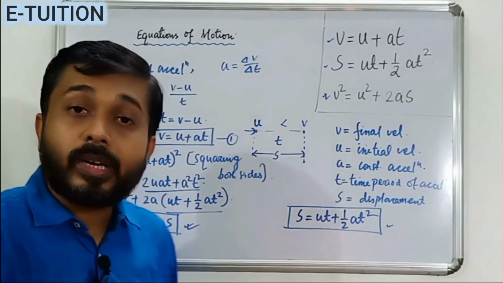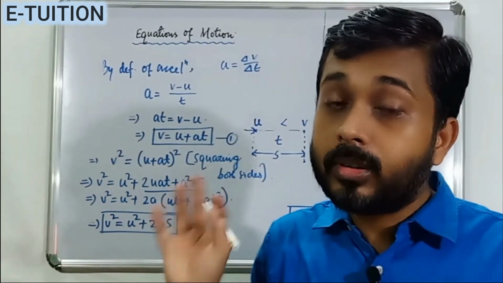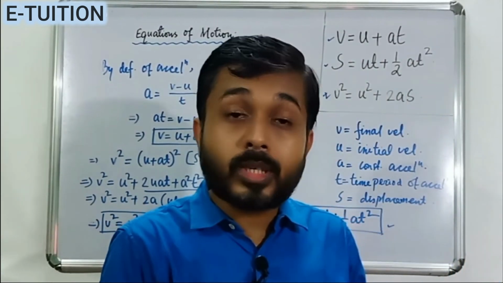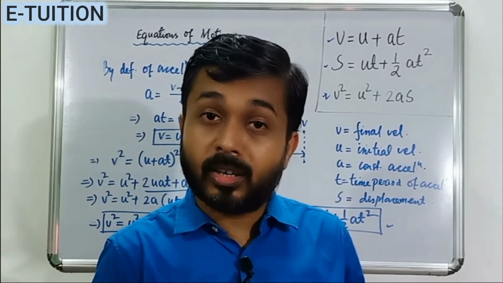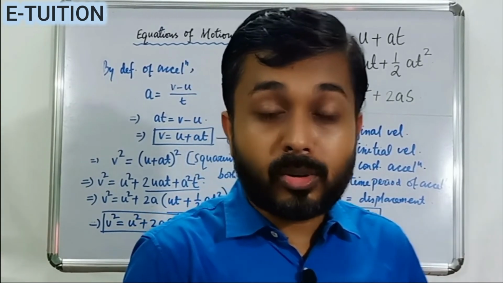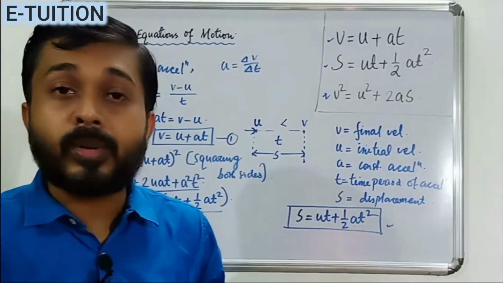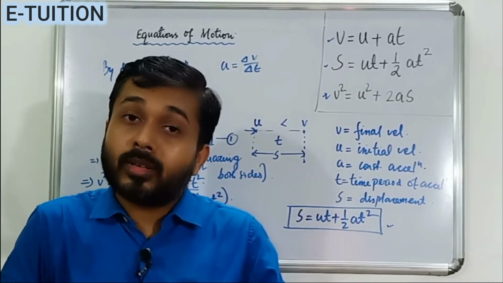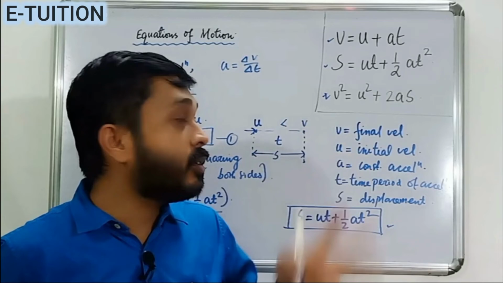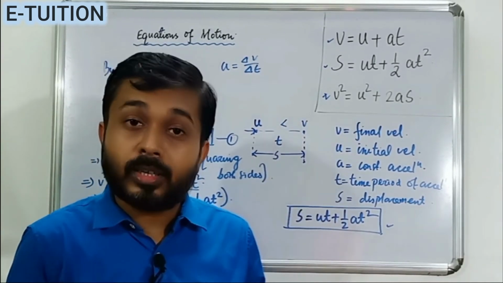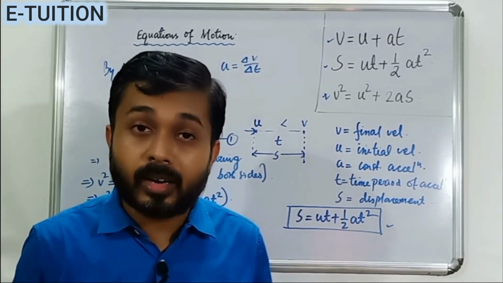That is the way we can easily prove the three equations of motion, which are exclusively valid for constant acceleration. Keep it in mind, an important point to be noted. As long as the acceleration is constant, so long these equations are going to be applicable and hold true. As soon as the acceleration starts changing, these equations will no longer be valid and applicable.